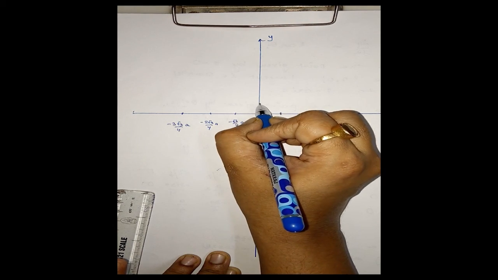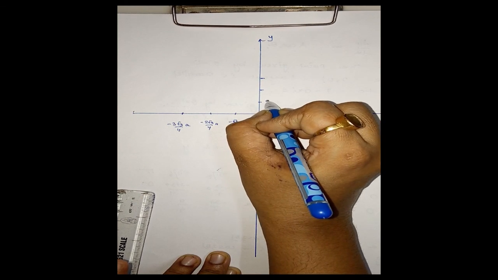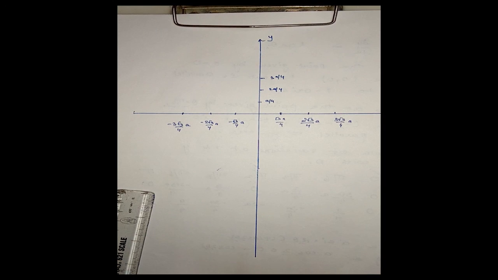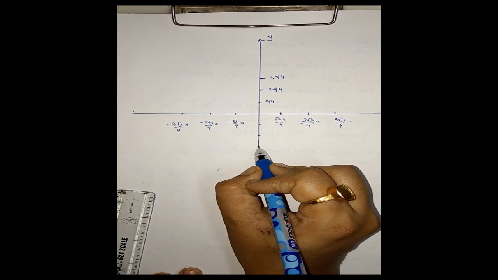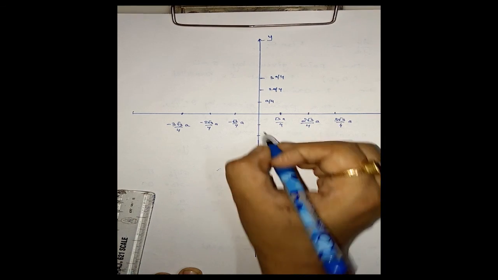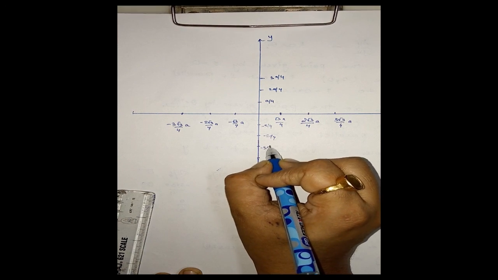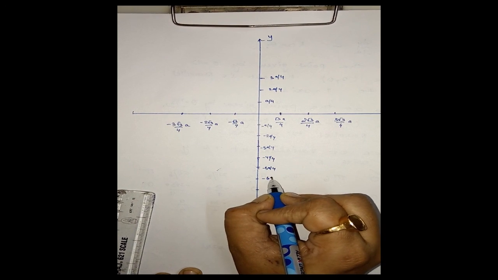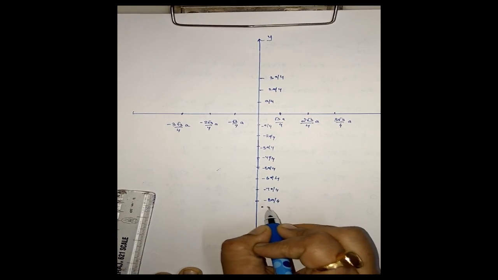Let these be the points a by 4, 2a by 4, 3a by 4, and on the negative side minus a by 4, minus 2a by 4, and so on up to minus 8a by 4, that is minus 2a.